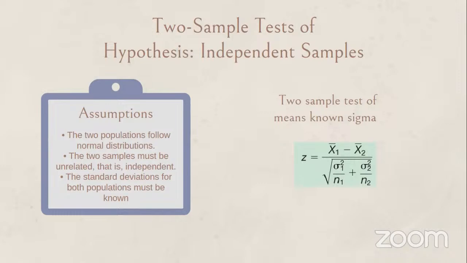For the two sample test of means with known sigma, the formula is Z equals x bar 1 minus x bar 2 divided by the square root of sigma 1 squared divided by n1 plus sigma 2 squared divided by n2.